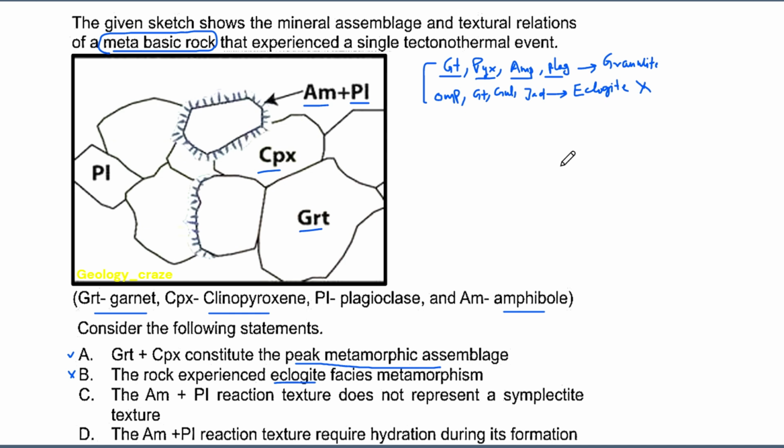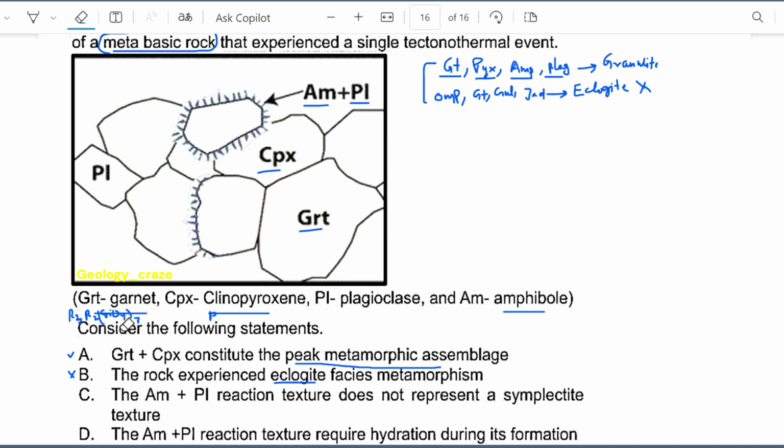Next, we should know the chemical formula for these. For garnet it is R3 R2 (SiO4)3, something like that. I will clean it up and make it clear for you.